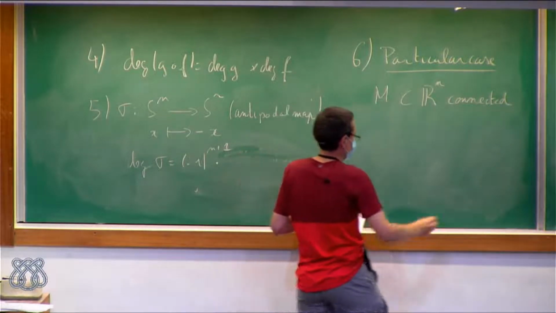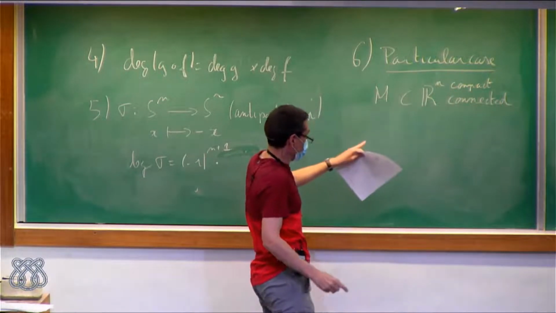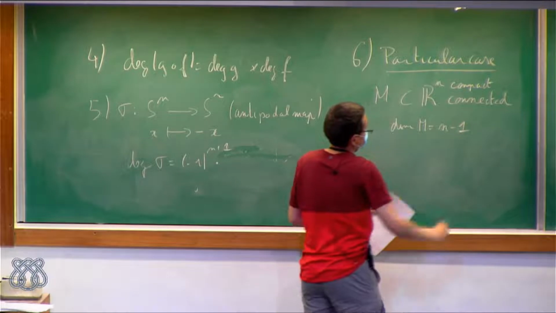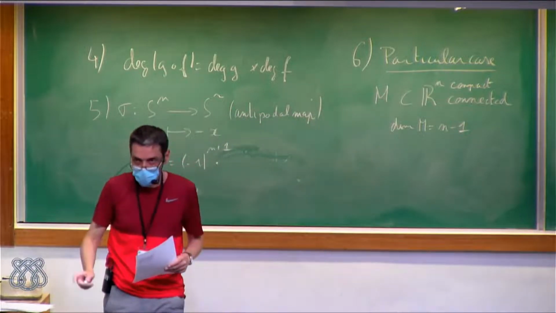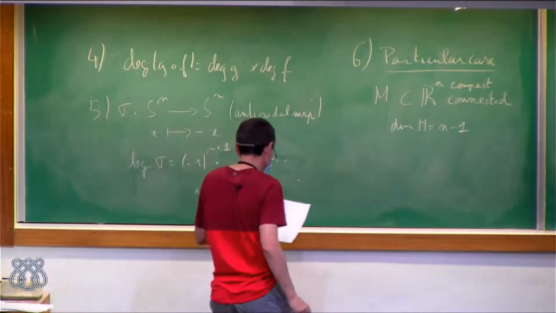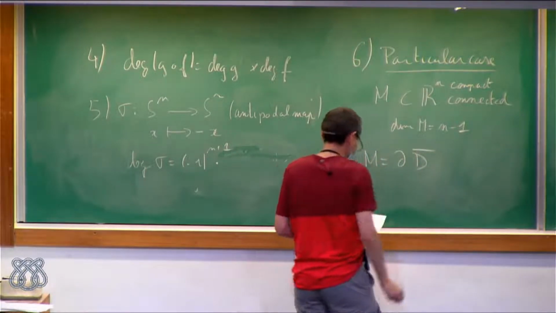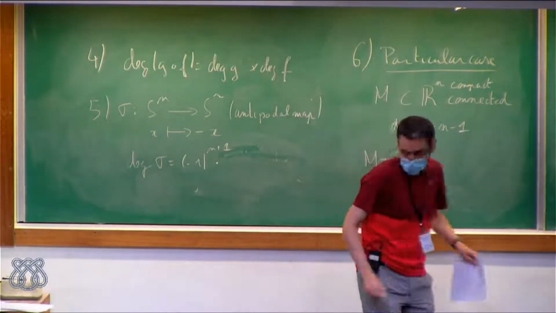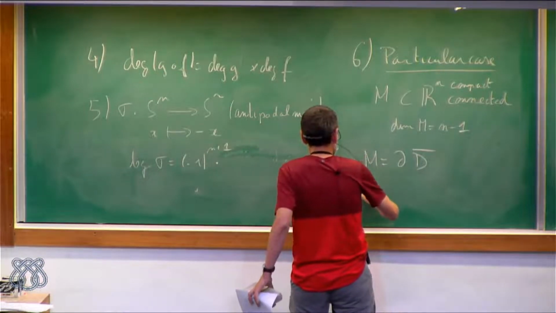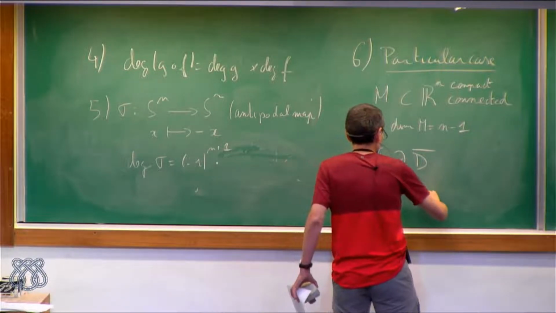M is a hypersurface in Rn. So by the Jordan theorem, it bounds an open subset of Rn. So M is equal to the boundary of D bar, where D is an open connected set of Rn, bounded, of course.